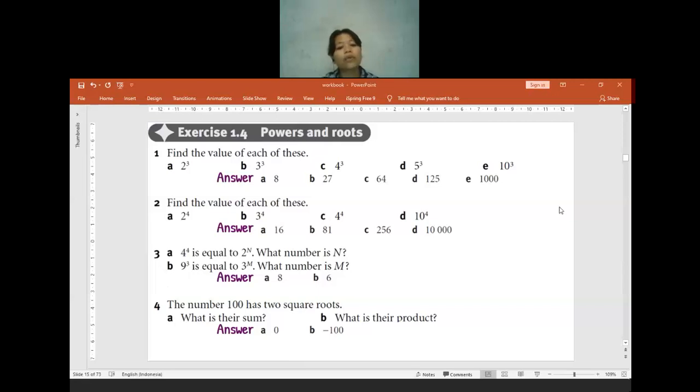Question 1. We have to find the value of each number given. 2 to the power of 3 means there are 3 numbers of 2 and we need to multiply all of them.